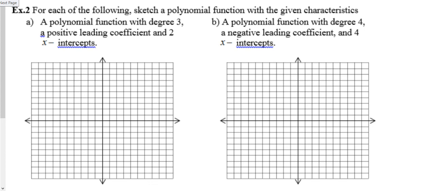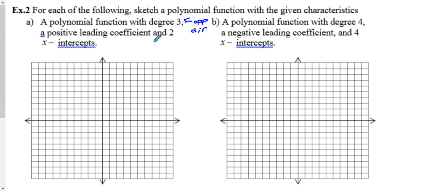Here in example 2, we're just going to graph these examples out as best as we can using the descriptors that they gave us. So let's see what they have. So we have a polynomial with degree 3, so that means right away I'm ending in opposite directions. So just opposite direction.